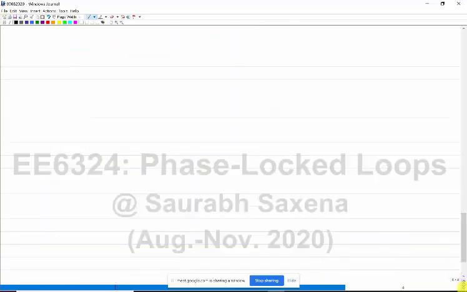Now another application: everyone knows there is something called an analog to digital converter. Let me tell you how, in an analog to digital converter, your clock plays a pretty important role.